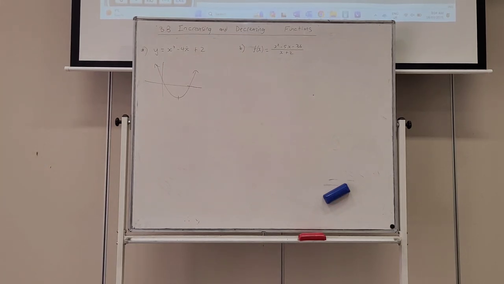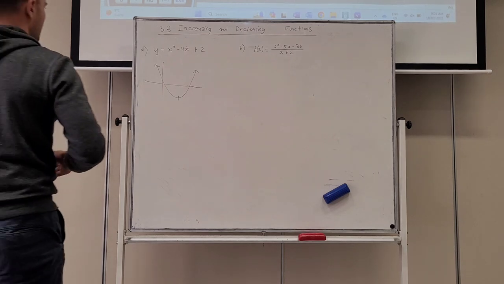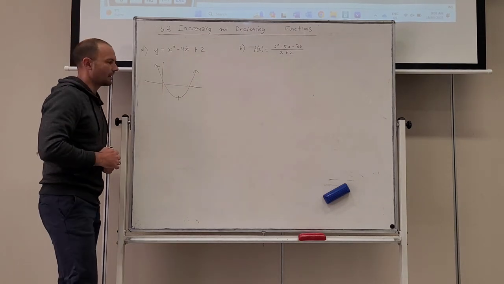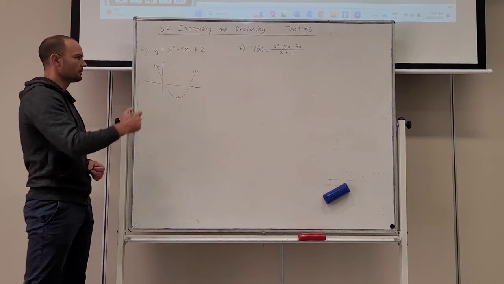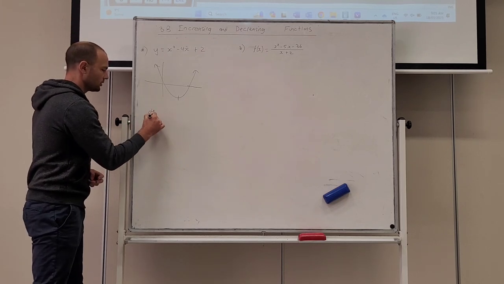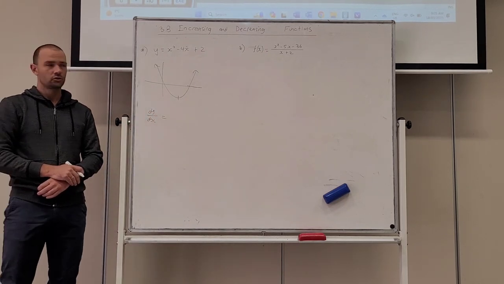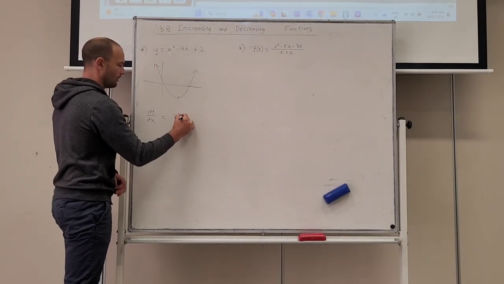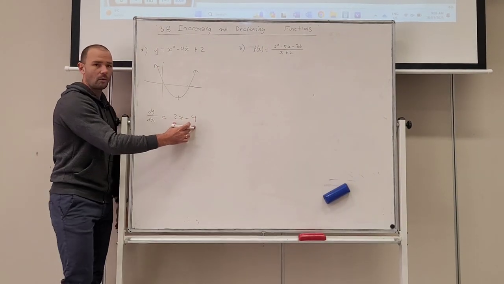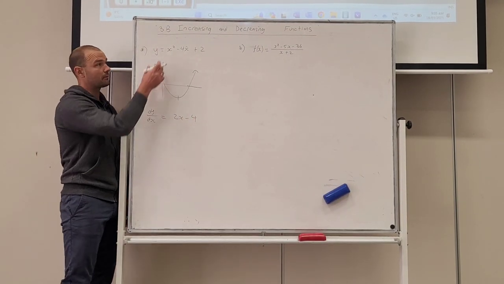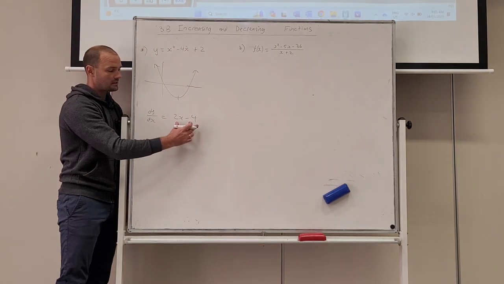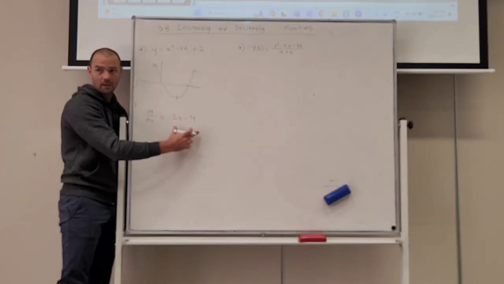So can I make that link? If this is our function, the derivative function will be 2x take away 4. Very good. This is the equation of a line. If we differentiate a quadratic, we end up with the equation of a line.